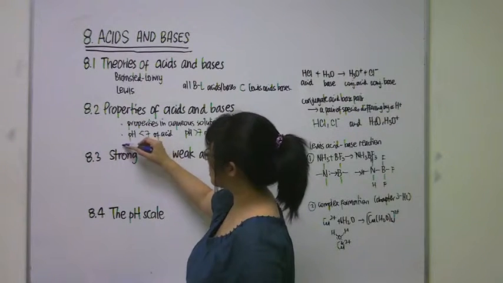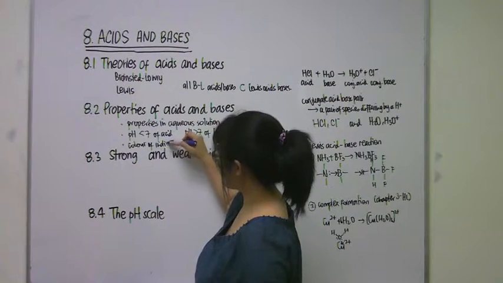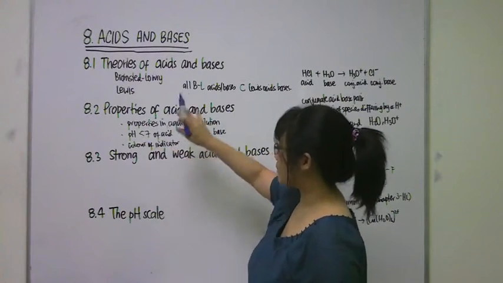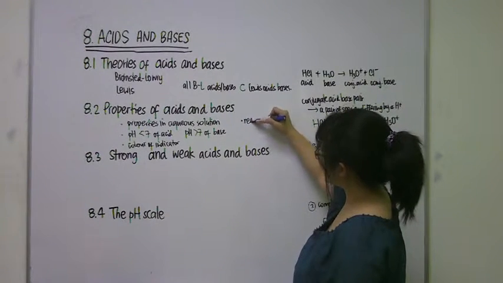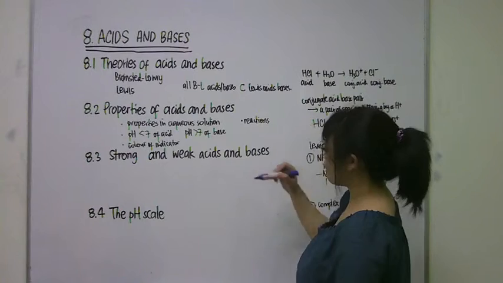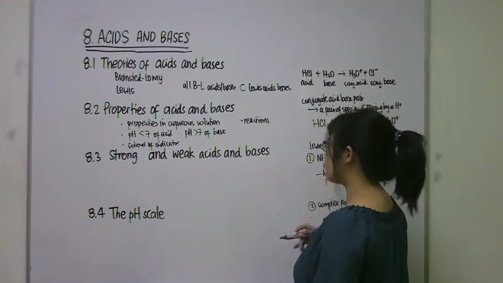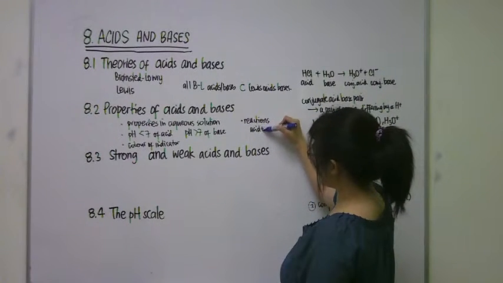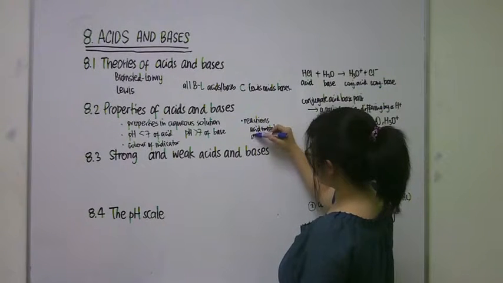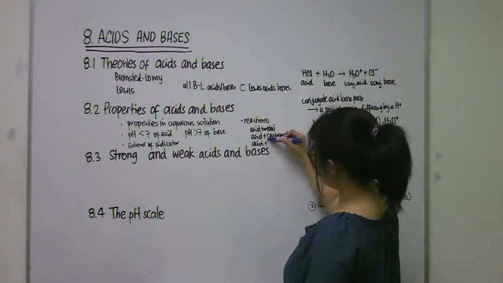And then you need to tell them about the color of indicators when acid is added or base is added. And the last one is reactions. This one they should have learned in earlier studies like O levels or IGCSE. So for reactions, you need to mention acid plus metal, acid plus carbonates, and acid plus base.